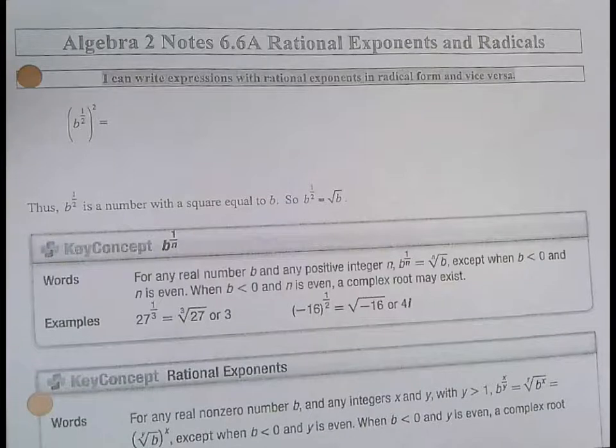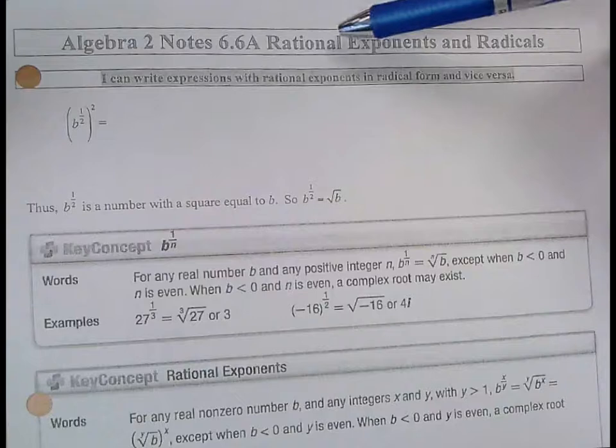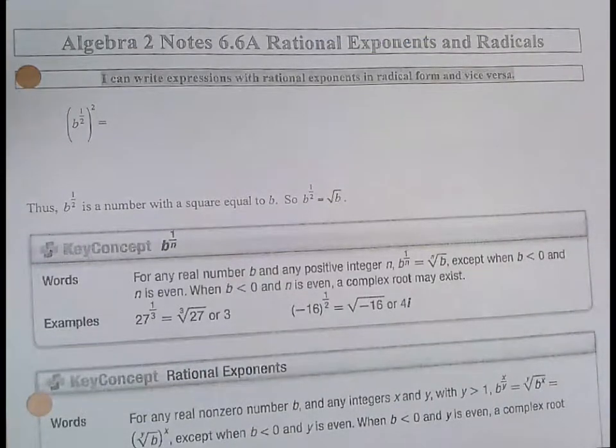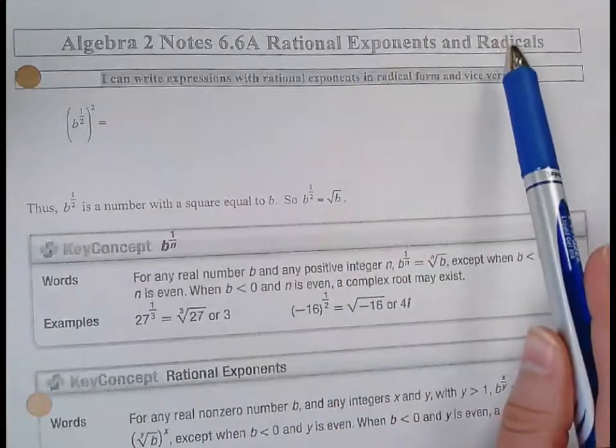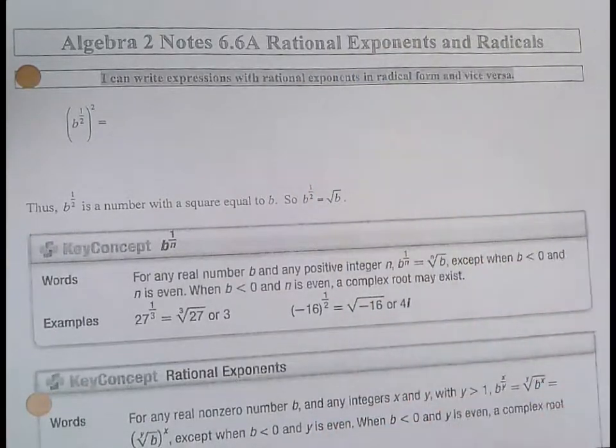This section practices how to work with expressions that have a rational exponent. And a rational number, again, is a number that can be written as a fraction. So a rational exponent is an exponent that is a fraction. Rational exponents represent radicals.